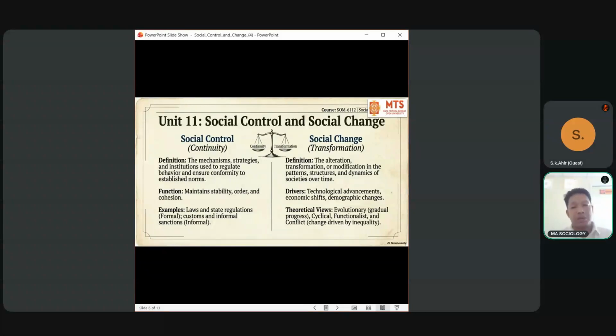But with contemporary society, with the development of modernity, with the development of new lifestyle institutions, there is a total transformation, right?